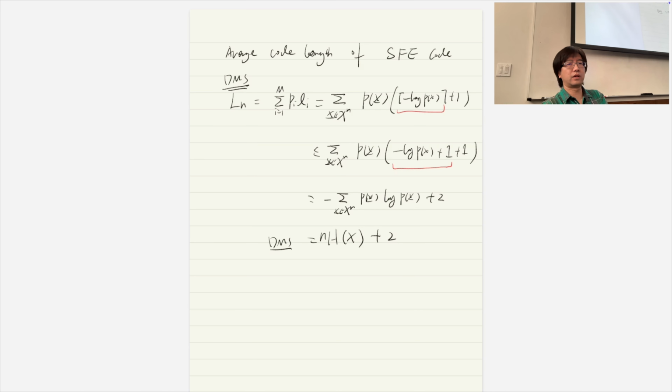For the Shannon code, we only have a plus 1 here, and here it's plus 2. Asymptotically it is still optimal, but we do lose something here. So it's not as good as the Shannon code in terms of average code length. Then the question is, why do we want this code?